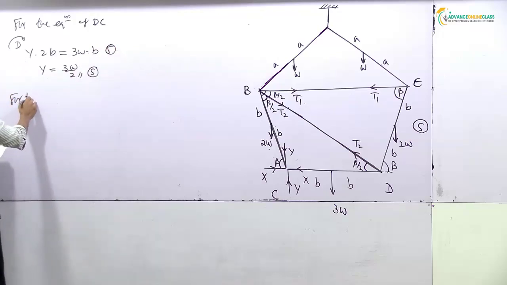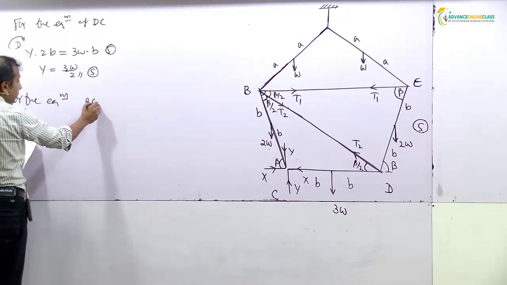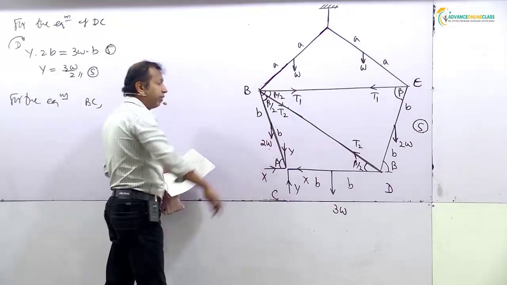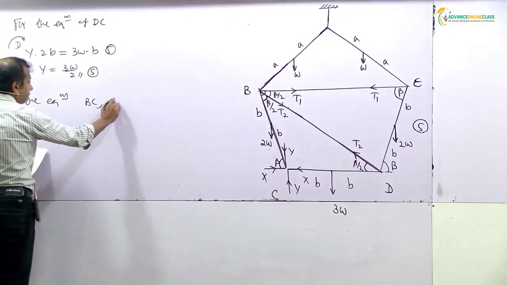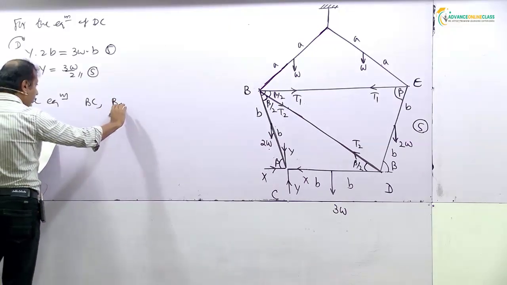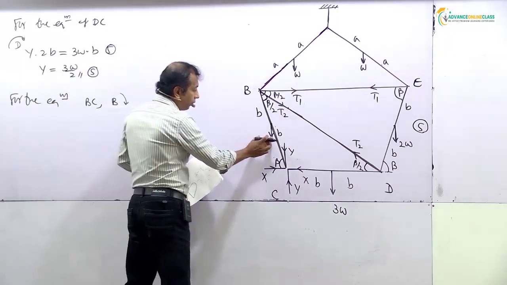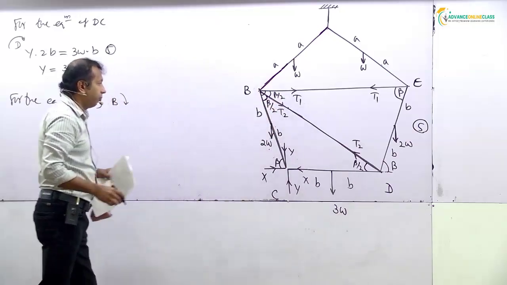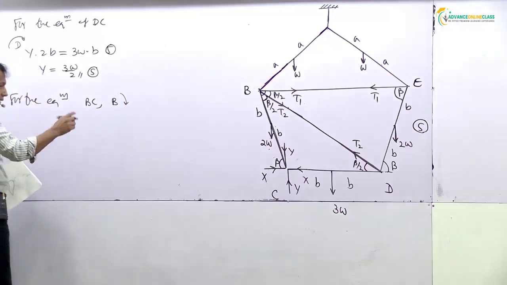Secondly, for the equilibrium of BC, for this rod, we take moments around B, clockwise. What are the forces? 2W times B cos beta, and Y anticlockwise, X anticlockwise.